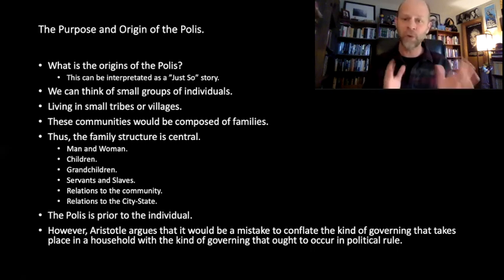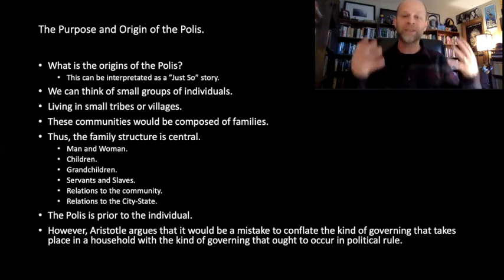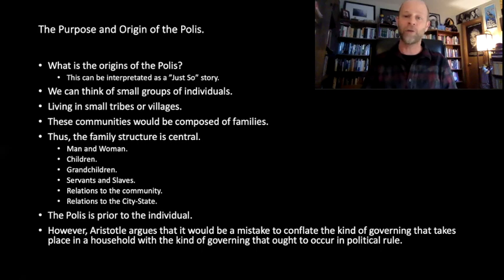So another way of putting this is Aristotle thinks that it's very common and widespread to assume that governments take this role of household management or household relationships. And that's a mistake. He thinks that there are other forms of government that we need to pay attention to, and they're not all simply reducible to the hierarchical structures that exist within a family or a household. So that's the issue that we will turn to next.